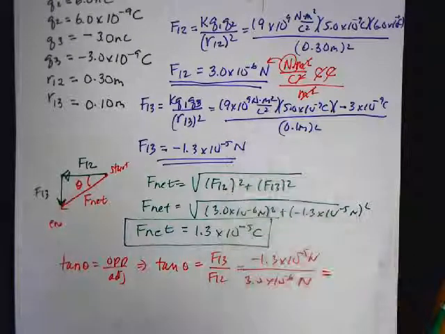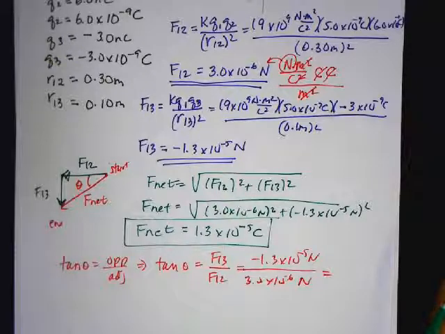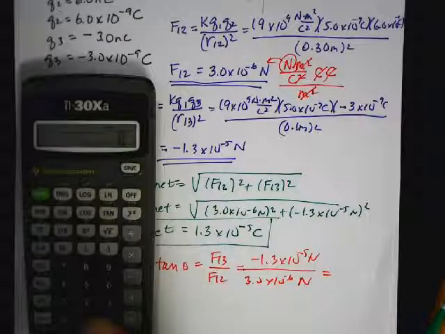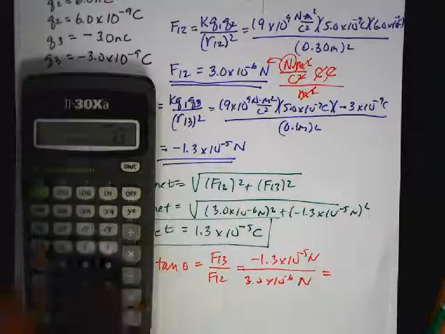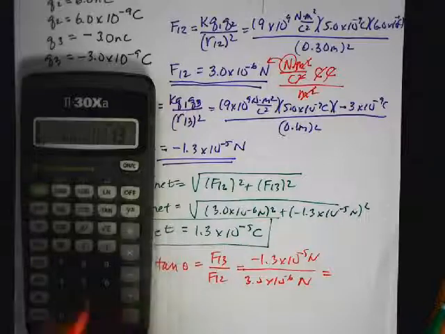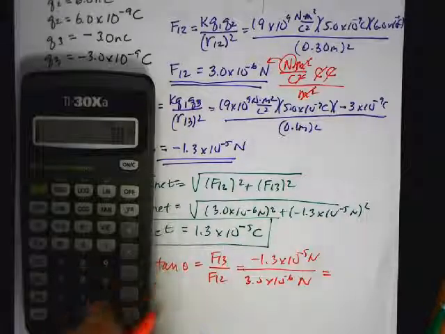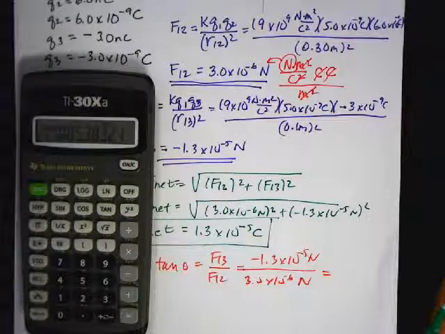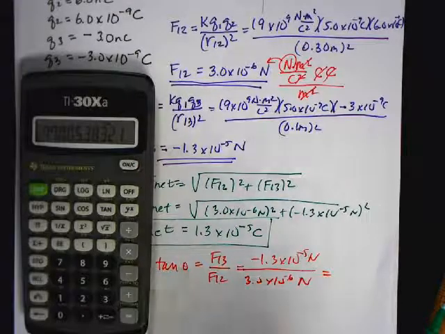And then I put that in my calculator. 1.3 EE 5 minus divided by 3.0 EE 6 minus equals, second tan, and it comes out to be 77 degrees.